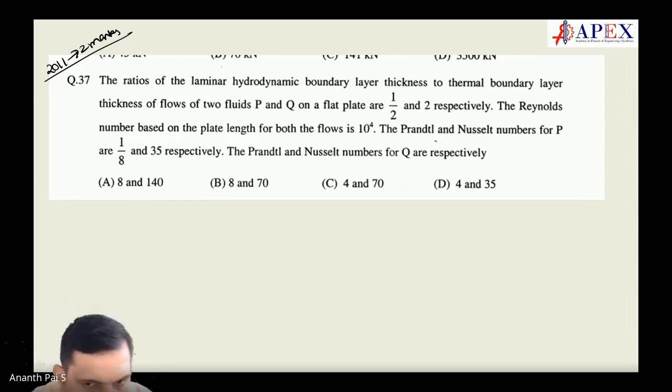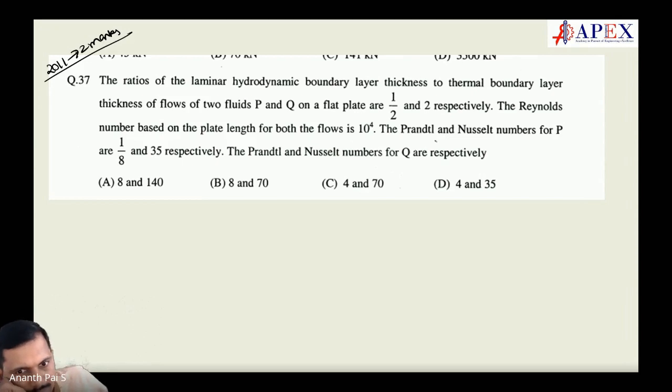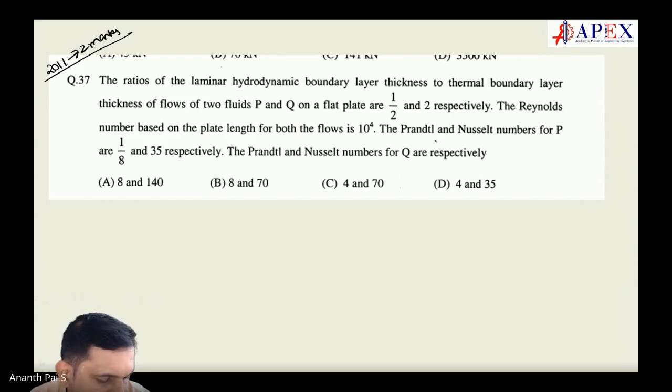No, no, it's not D. You have to get the correct answer, A. Nu is equal to 0.664, which is dependent on the length, is it not?